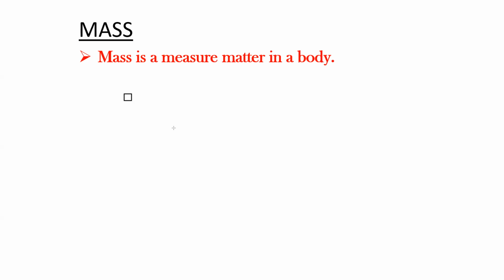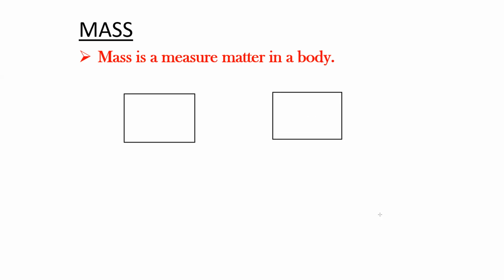For example, I have two objects, object A is having 4 particles and object B is having 8 particles. So which object is having a greater amount of matter, A or B?